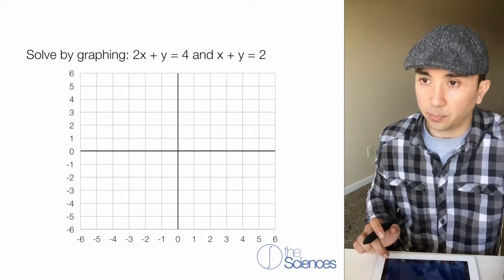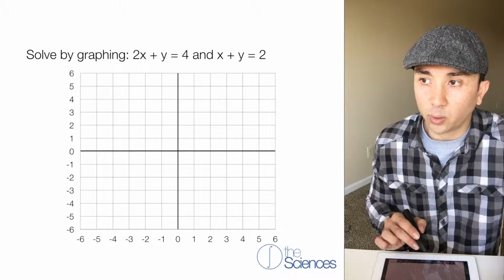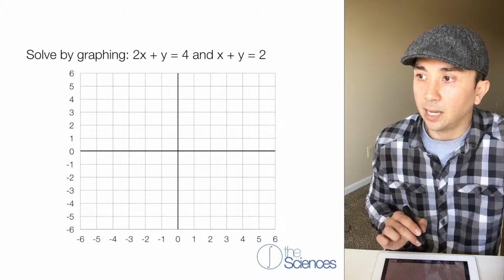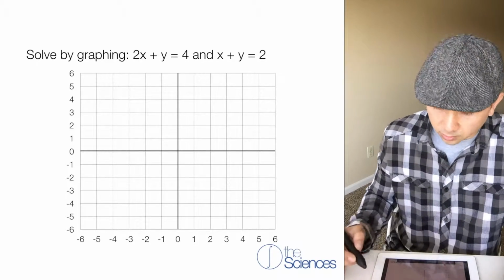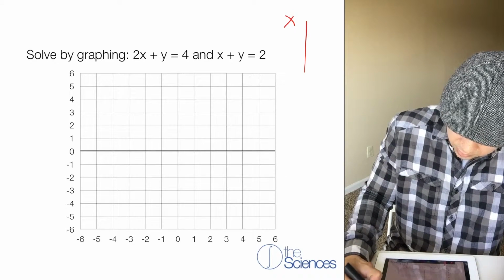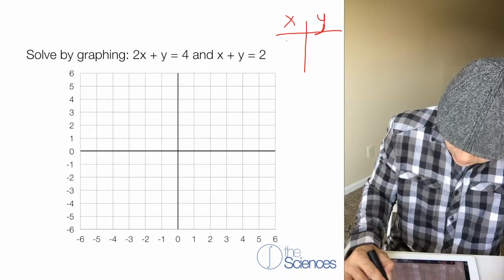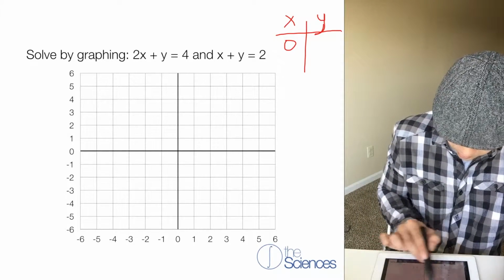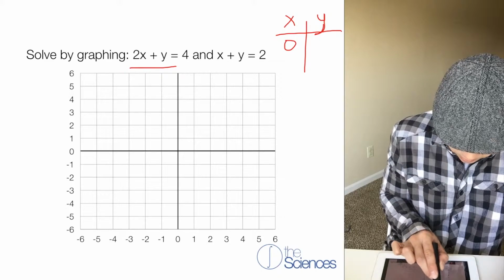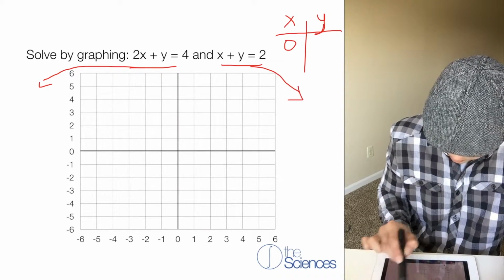So let's do an example. Let's solve by graphing 2x plus y equals 4 and x plus y equals 2. So let's find out, when x is 0, what is y? So here, let's put this equation here, and then we'll write this equation here.